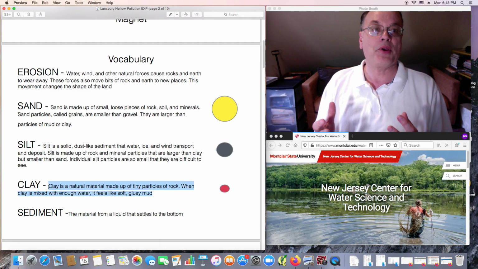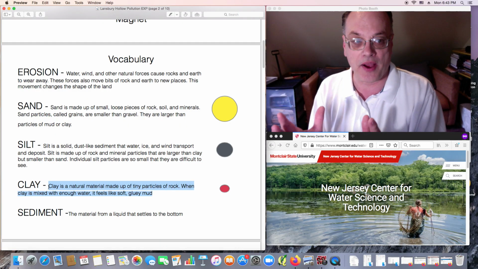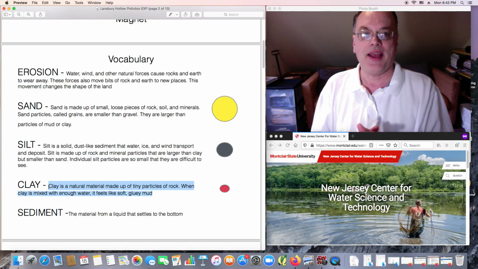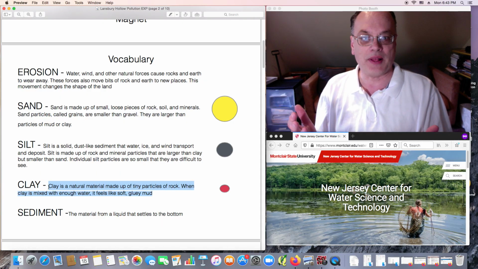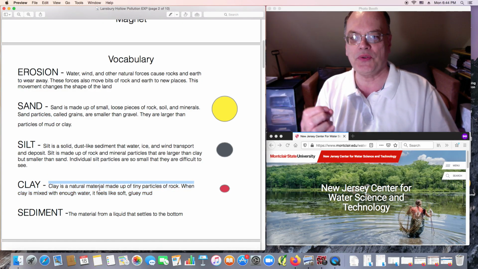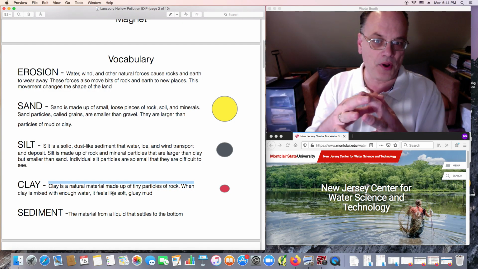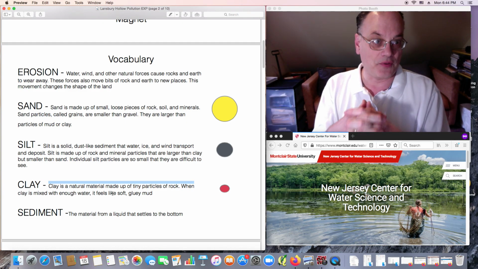Now, of course, you're familiar with clay from making things in pottery, or you're familiar with clay for molding it and doing it perhaps in art class. But these are extremely small particles of rock. And of course, in this particular type of rock, when the clay is mixed with water, it makes a soft, gluey sort of mud.